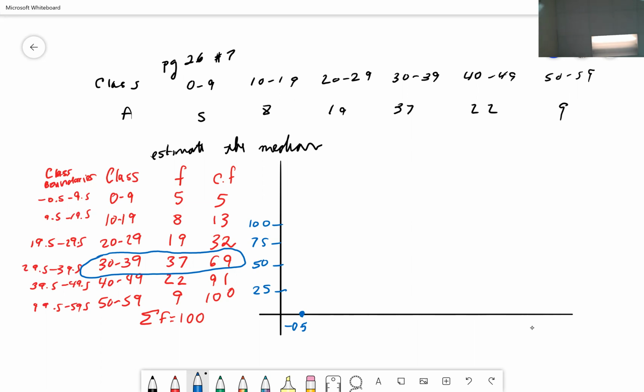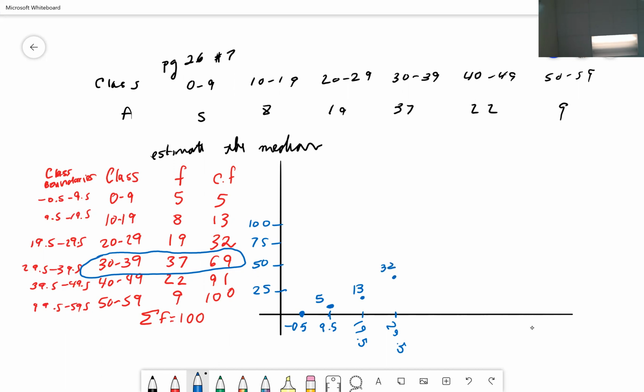So the next one will be 9.5. And at 9.5, my cumulative frequency is 5. So down here somewhere. And then at 19.5, the cumulative frequency is 13. And the next one at 29.5, it's 32. So we're here somewhere.